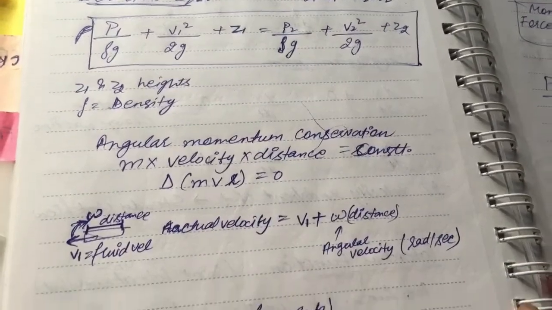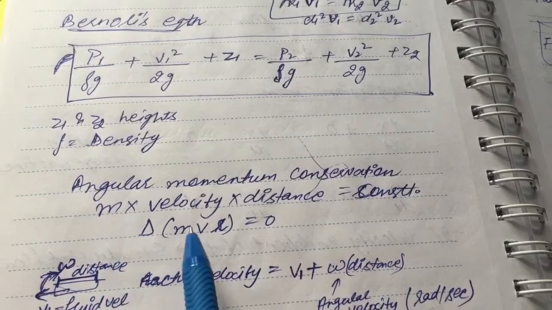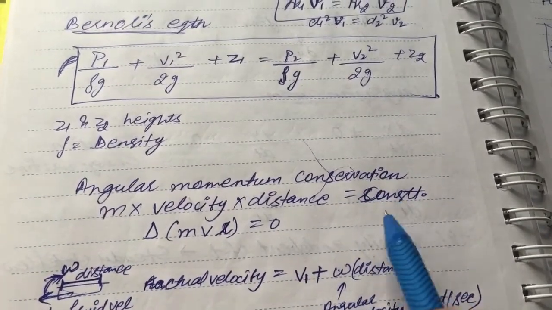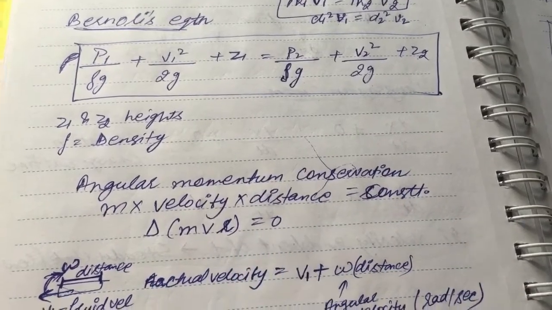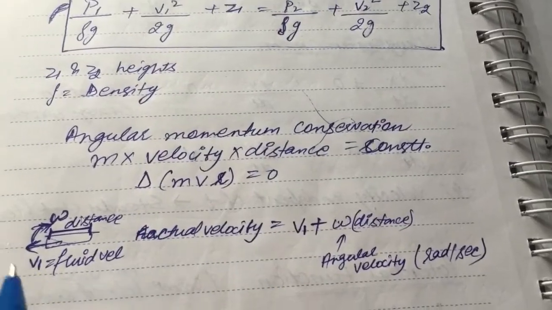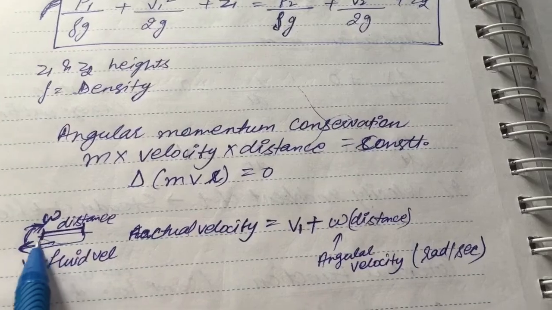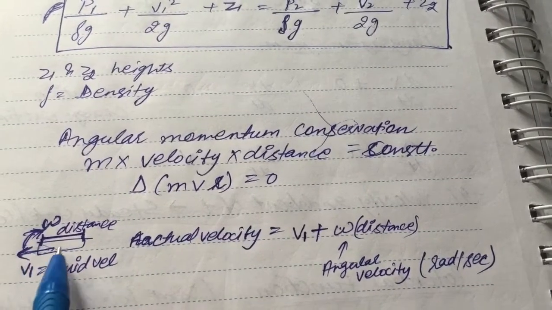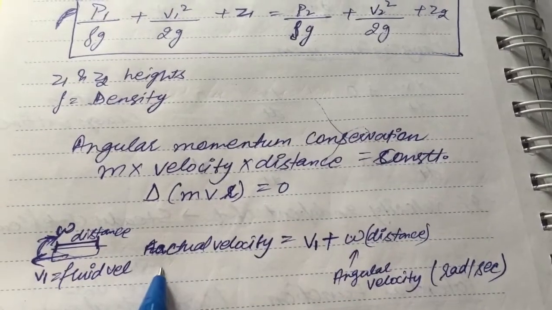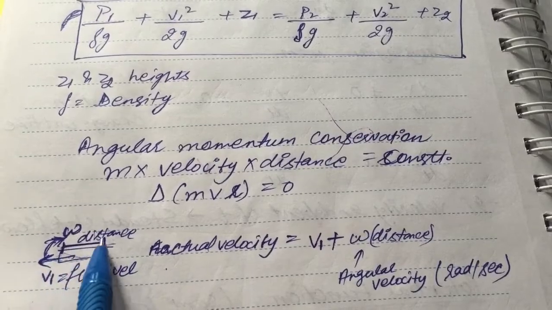And for angular momentum conservation, we have mass into velocity into distance is equal to some constant. Delta mvr is 0. So if we have a body and some fluid is flowing past it with v1 velocity, v1 is fluid velocity, and w is the distance of the body.